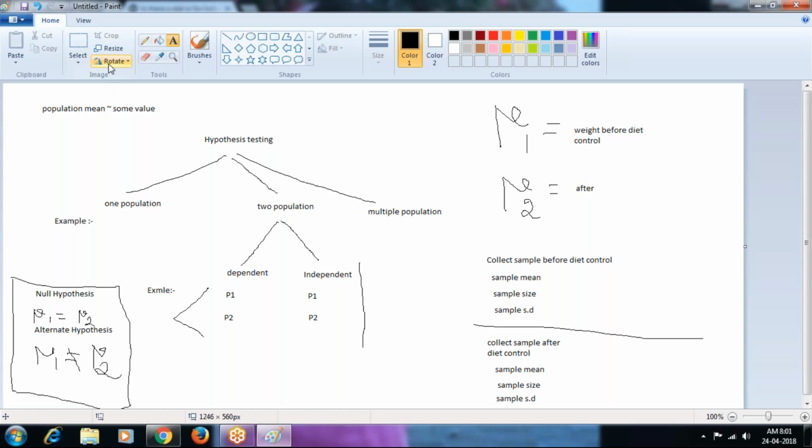I can write this in a different way: mu1 minus mu2 equal to 0, and similarly mu1 minus mu2 not equal to 0.